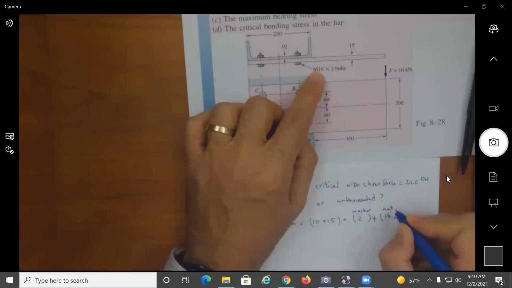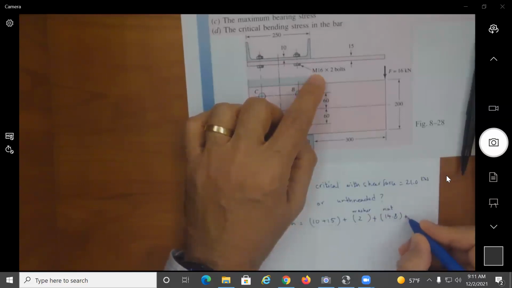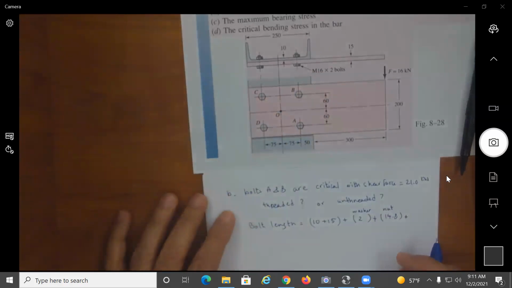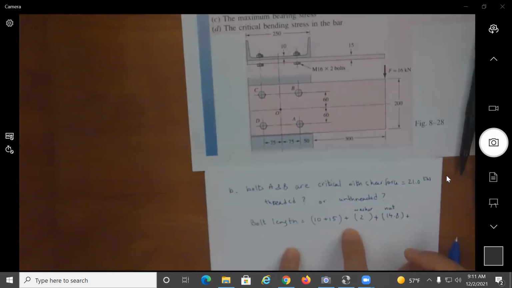So I have 25 and 2 and 14.8, so we're looking at about 41.8 here without the threads.